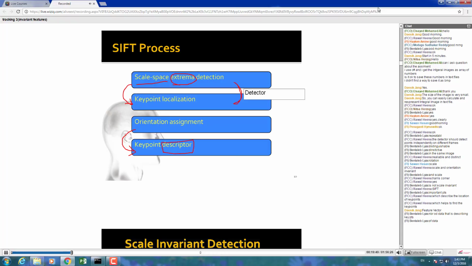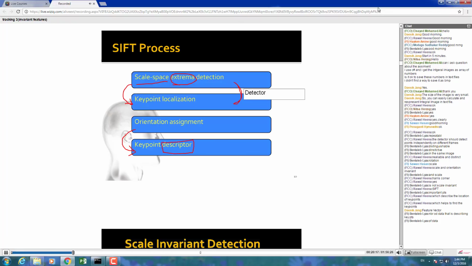So the first step is to detect the key points. Once the key point is detected, then at that location, we try to calculate the feature vector, that is descriptor. So what kind of features? We'll study today how to calculate the feature for every key point. Is that clear?